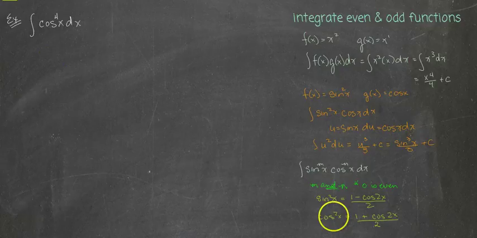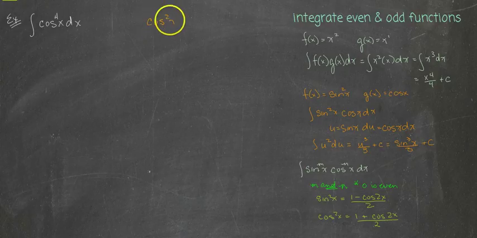So we're going to use the power reducing identity for cos squared of x. I'm going to write it this way, just because I think it'll be easier for me to work with.